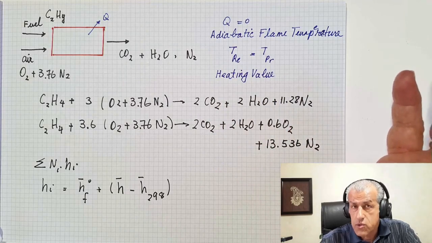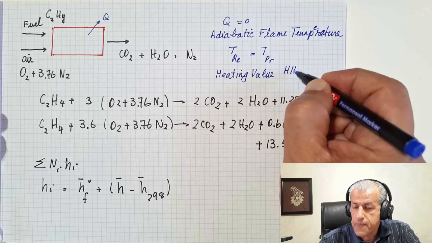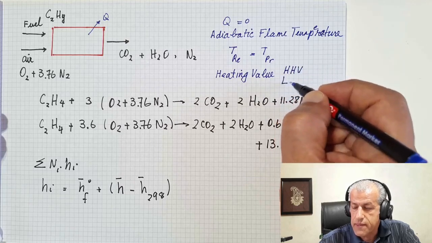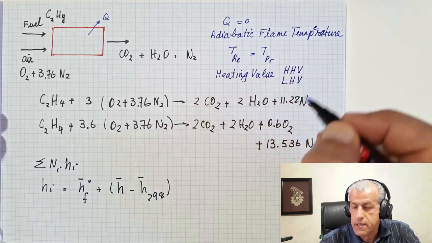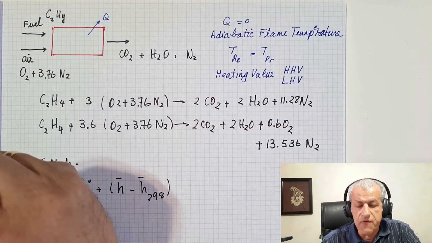And there are two types of heating value. One is higher heating value, and the other is lower heating value. What's the difference between the two?